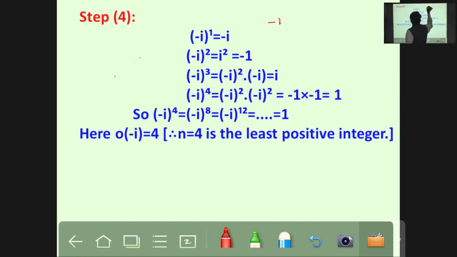Last but not least, minus i. Now you find the order of minus i. Minus i whole power 1 is minus i. Minus i whole square is nothing but i square, which is minus 1.